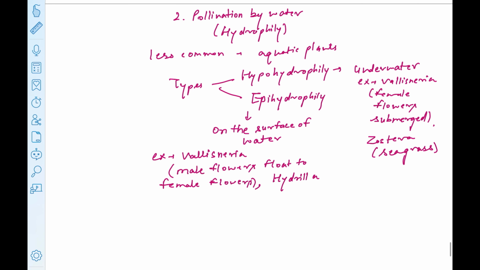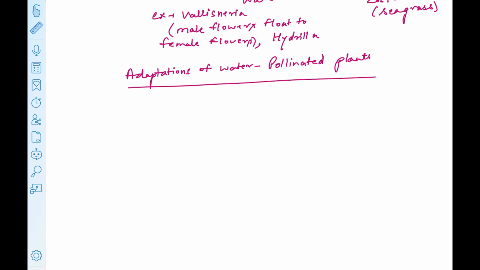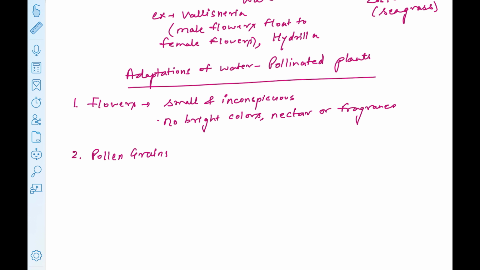Now let's know about the adaptations of water pollinated plants. Their flowers are small and inconspicuous, no bright colors, nectar, or fragrance. And their pollen grains are produced in large quantities. They are light-weighted and sometimes they are mucilaginous, means sticky.